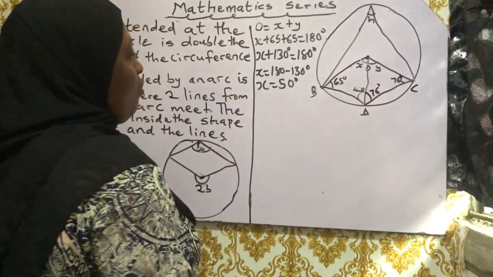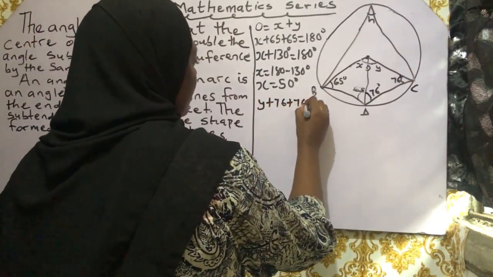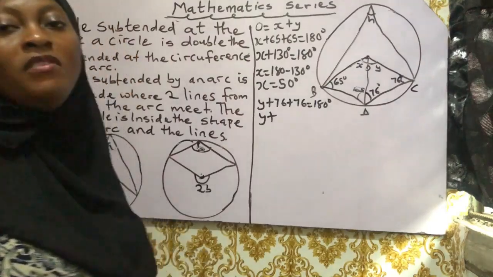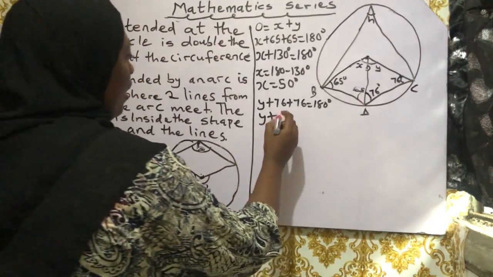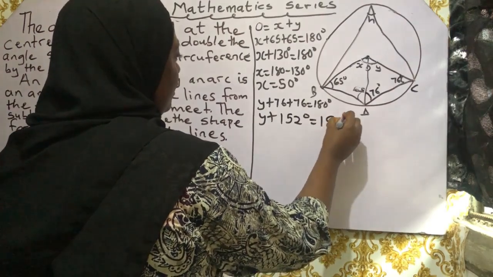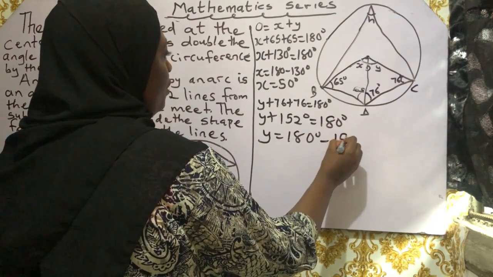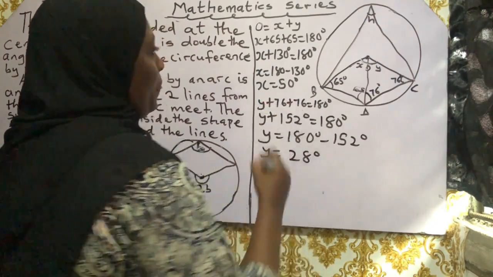So let's try to find angle Y. Y plus 76 plus 76, which is 152, so Y plus 152 degrees equals 180 degrees. Y will be equal to 180 degrees minus 152 degrees. Y will be equal to 28 degrees.